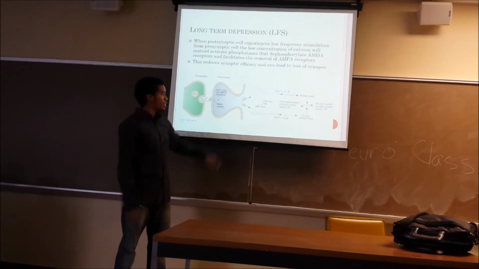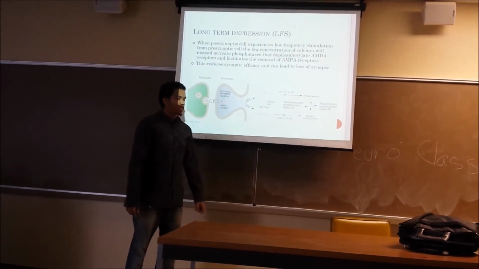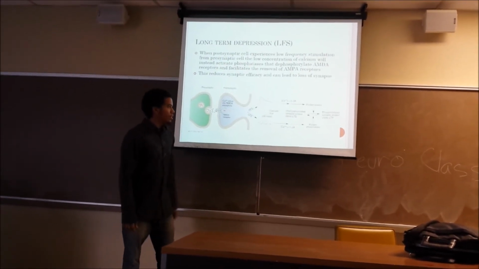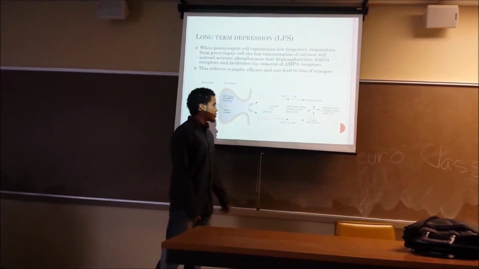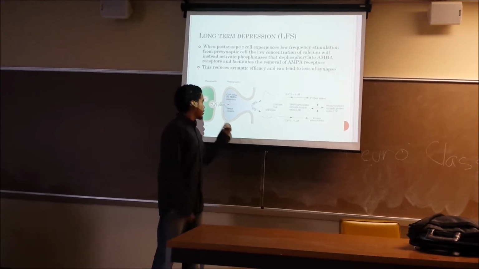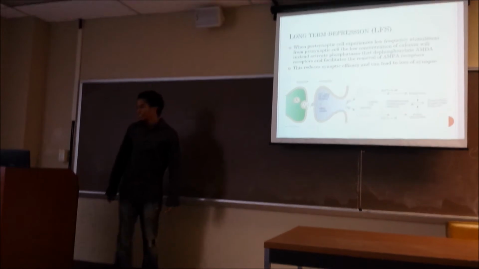Whenever it's low frequency stimulation, you have low concentrations of calcium, and instead of activating calmodulin and PKC, it'll activate phosphatases, which can remove phosphates from the AMPA receptor to make it less responsive, and can even lead to the downregulation of the AMPA receptors on the membrane, which decreases the efficacy.